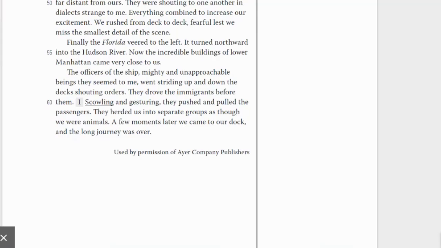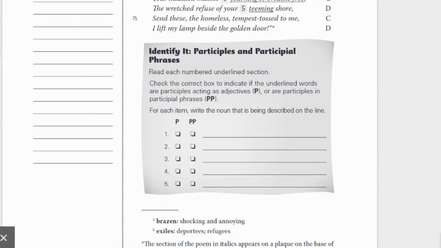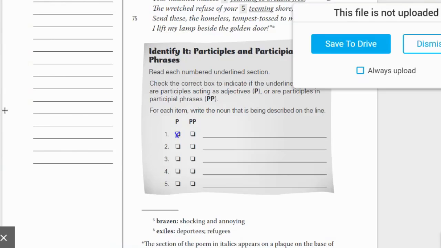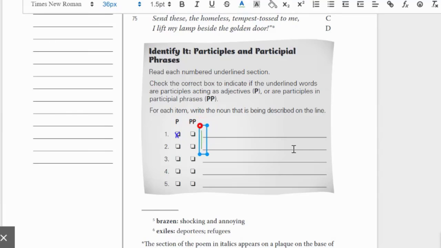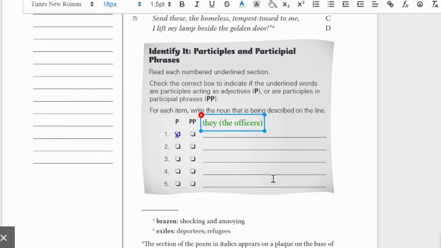So for number one, we are going to put an X for the P because it's an adjective. And we are going to write they, like the officers, because that is what that participle is describing.